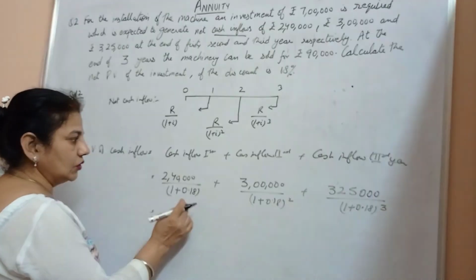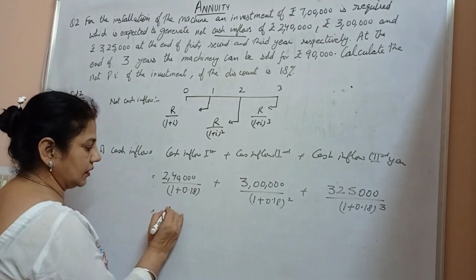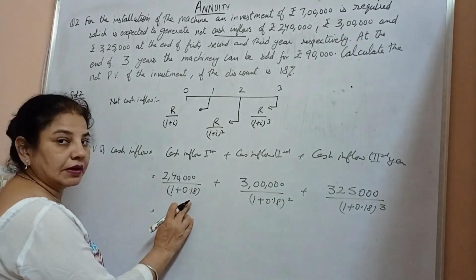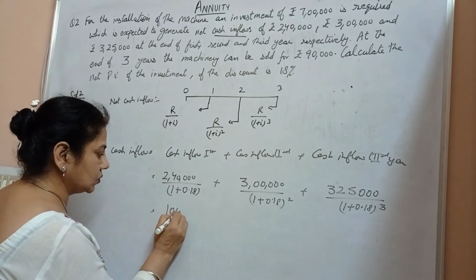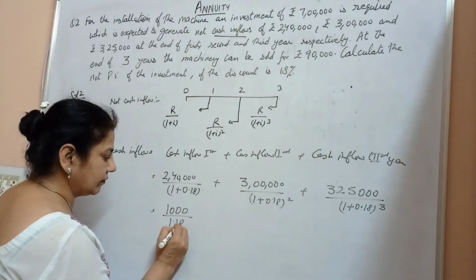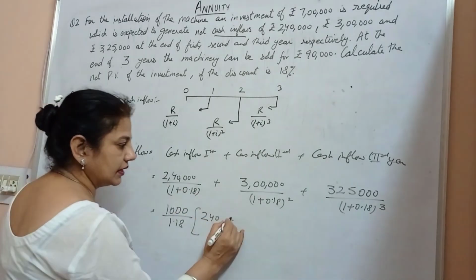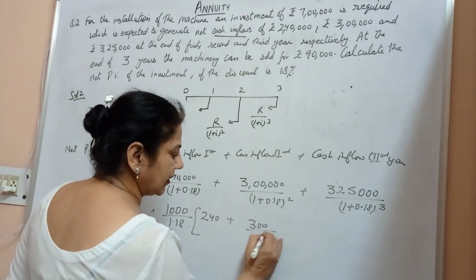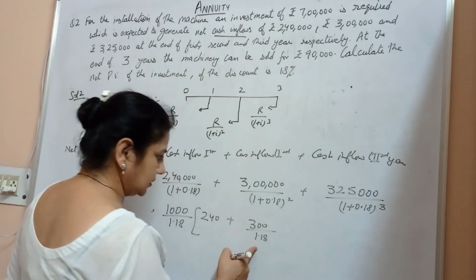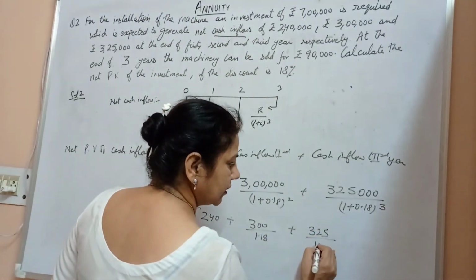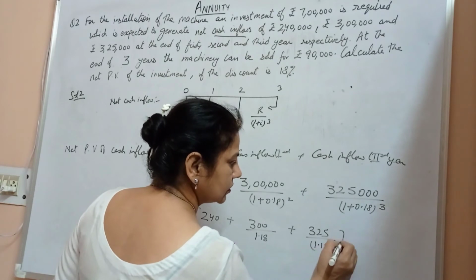In this case, you take 1000 and 1 plus 0.18, which is 1.18. So I take 1000 upon 1.18 common. I am left with 240 plus 300 divided by 1.18 plus 325 divided by 1.18 whole square.